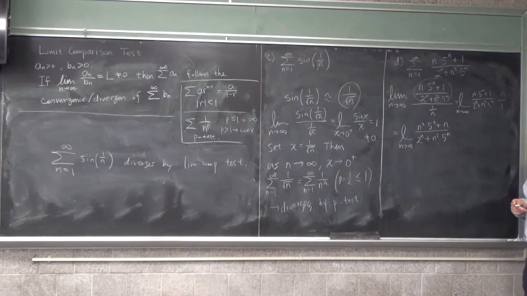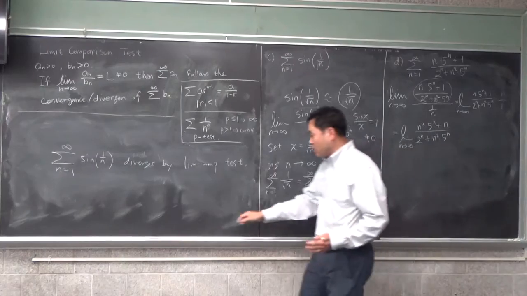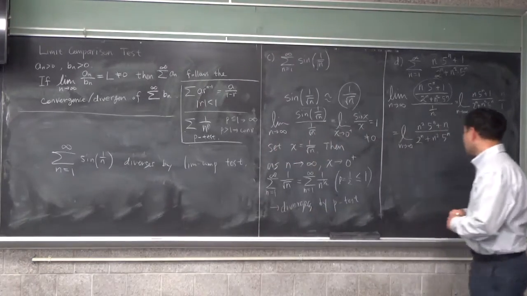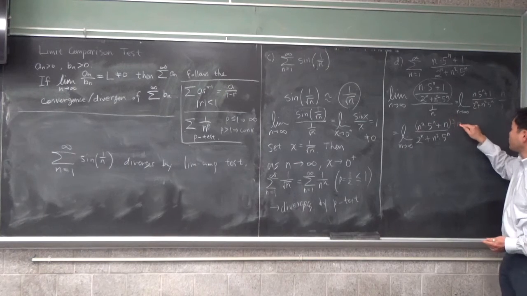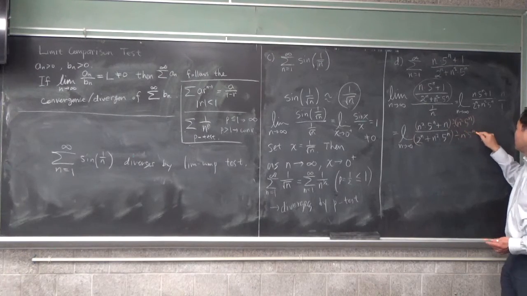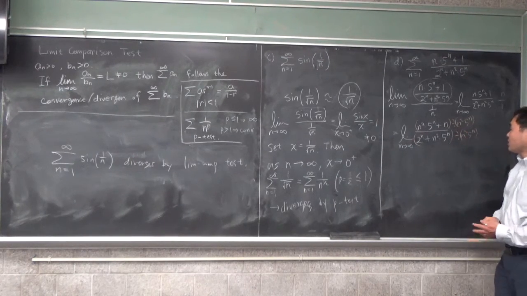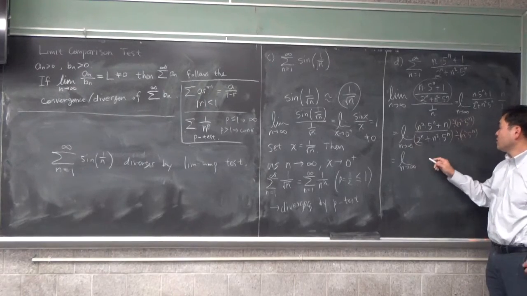But if you want to be more rigorous, you can divide top and bottom by n squared 5 to the n, so that the end result is the limit as n goes to infinity.